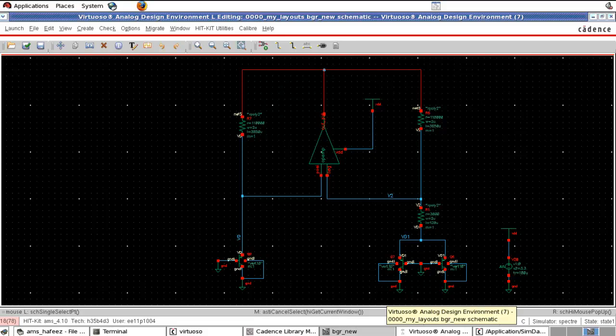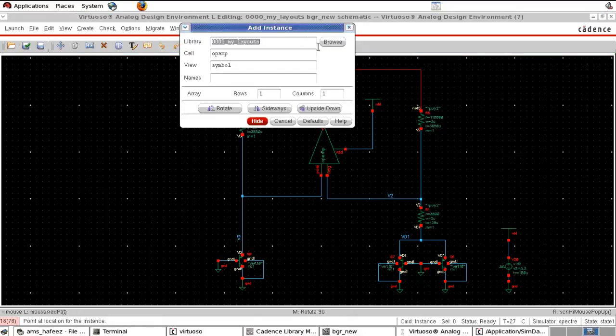For that we said we need to forcefully pull up this node to some high value, so that the op-amp will try to make this node also equal to this by pumping some current to the output. So we need to pull up this node using a PMOS. So I'm using a PMOS for that.